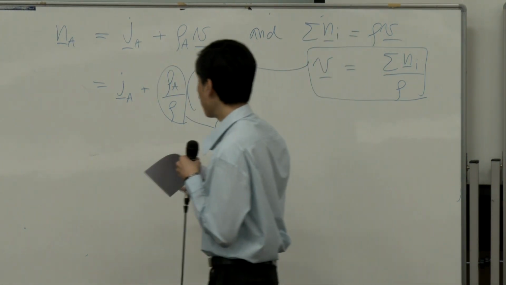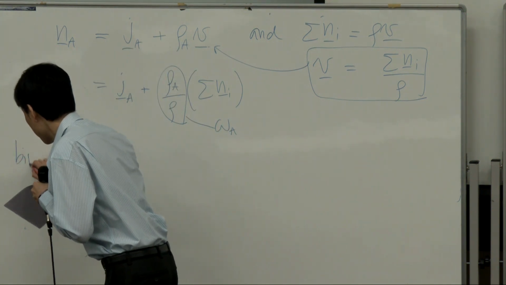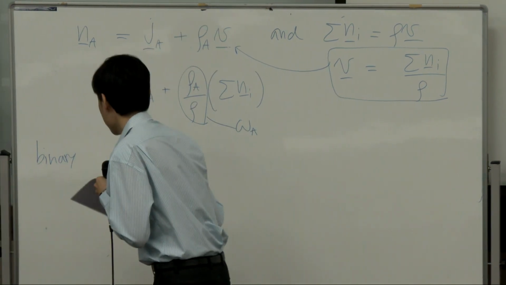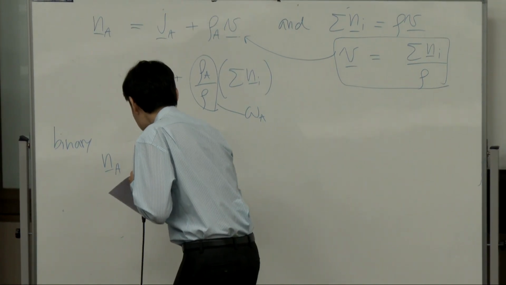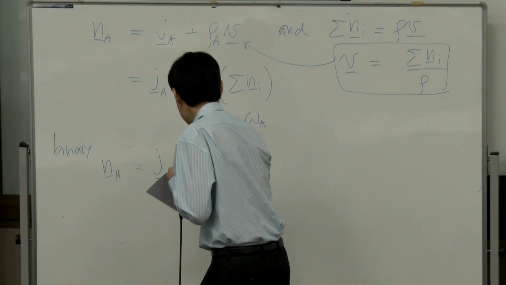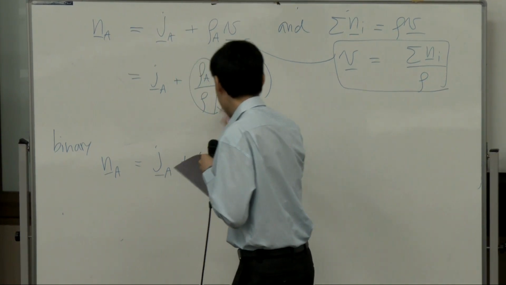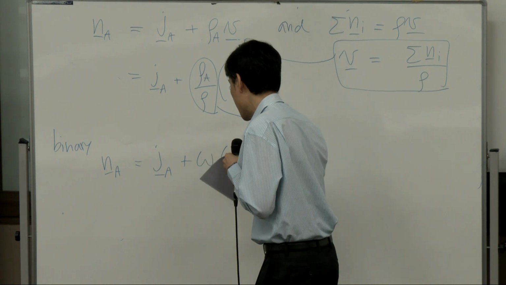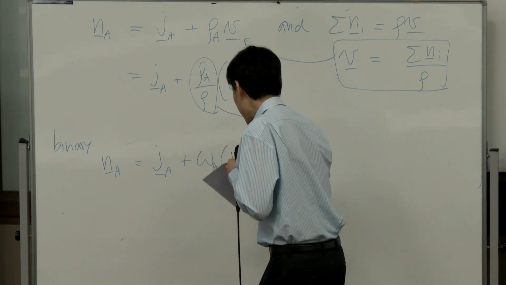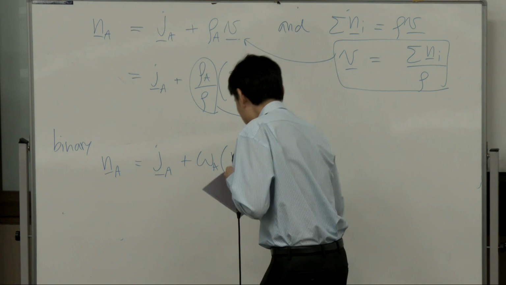All right? So for binary system, I'm going to get NA equal to JA plus omega A summation of system, and we have 2 species in the system, so that would be NA plus NB.